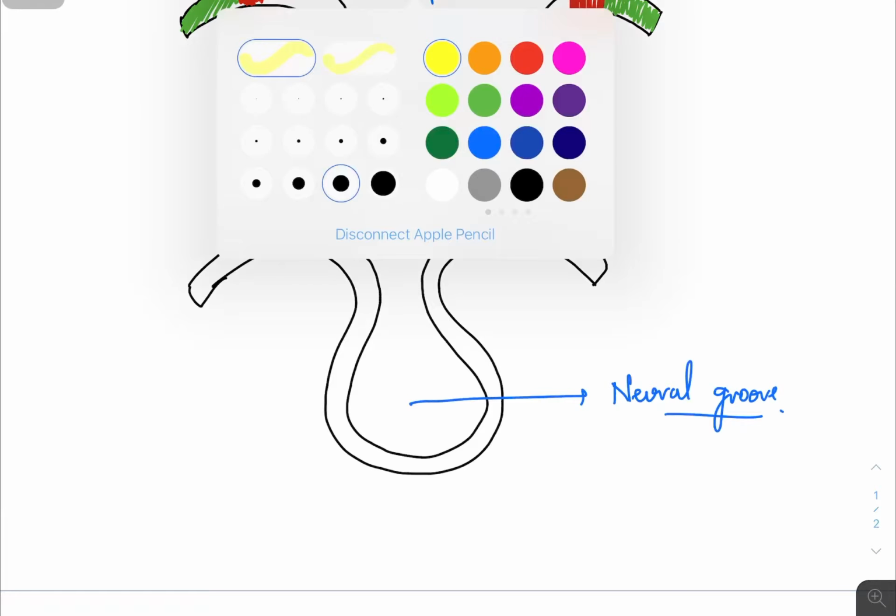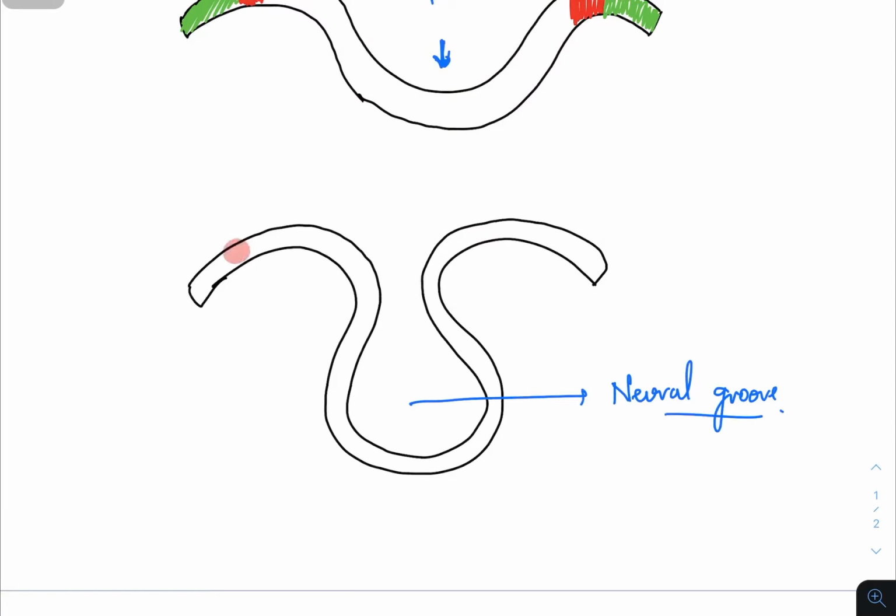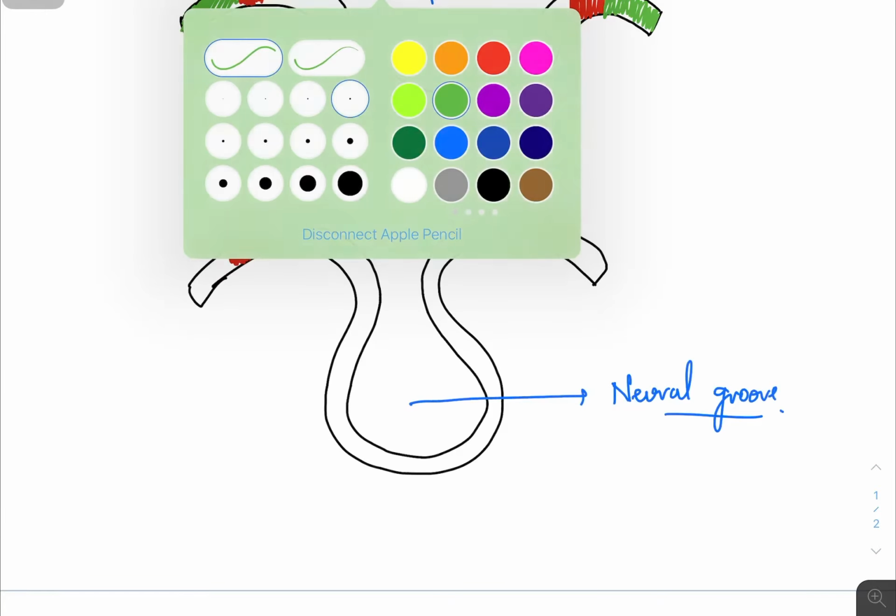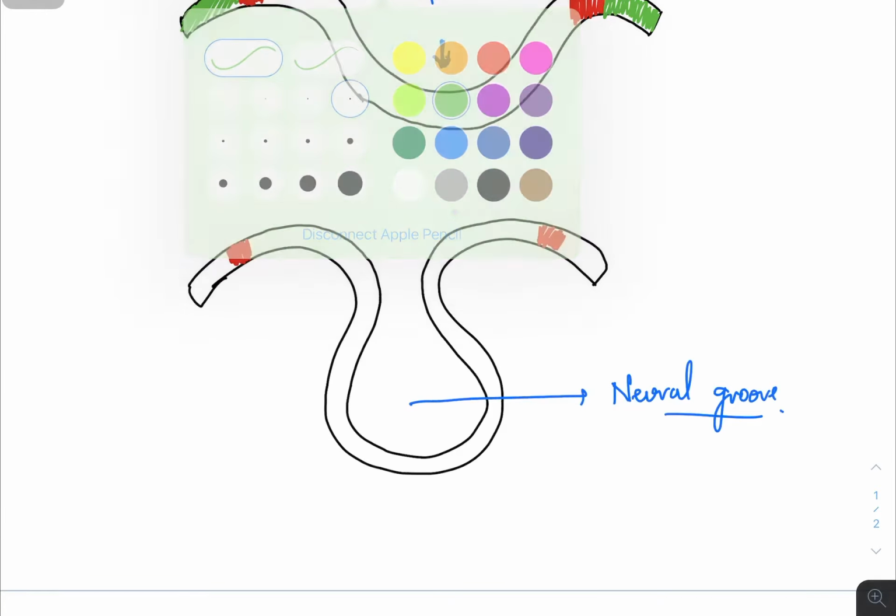The things remain the same. As I already told you, let me mark it with markers. Here you have the neural crest, so these are your neural crest cells, and the green ones are the neural plate.